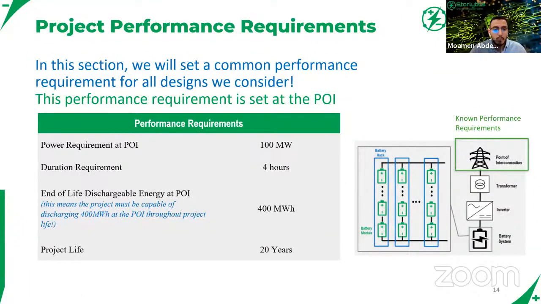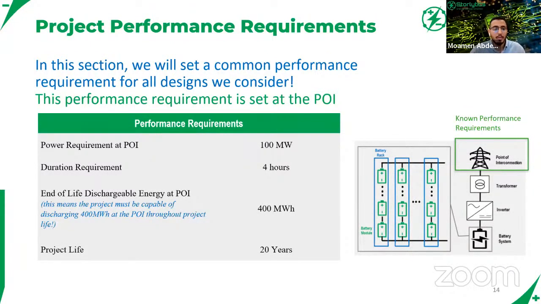Okay, let's start with our project performance requirements. We selected certain performance requirements for all the design cases that Sherif and Adam will go through in this workshop. The first requirement is the power at the point of interconnection with the grid, which is 100 megawatts. The duration of this power is 4 hours.